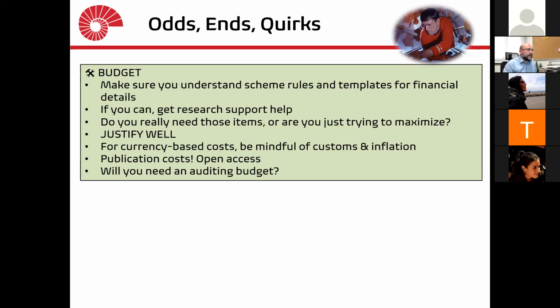Now, in our times where the Turkish lira is not very valuable at all, you might have to buy stuff from abroad and pay for customs. If you are planning a 3-year, 5-year project, you have to keep currency changes and inflation in mind.